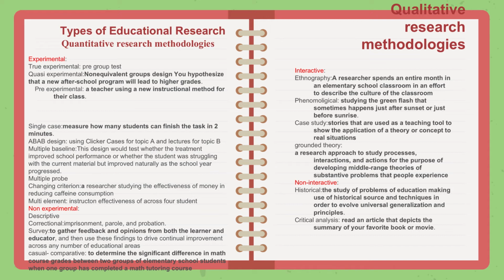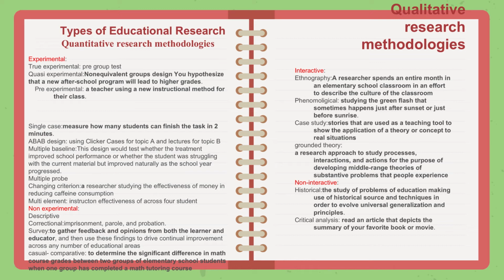Grounded theory example is a research approach to study process, interaction, and action for the purpose of developing middle-range theories of substantive problems that people experience. In non-interactive, there are historical.